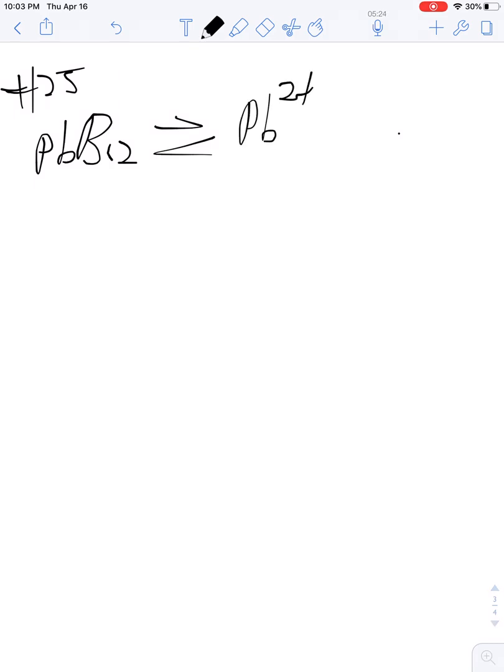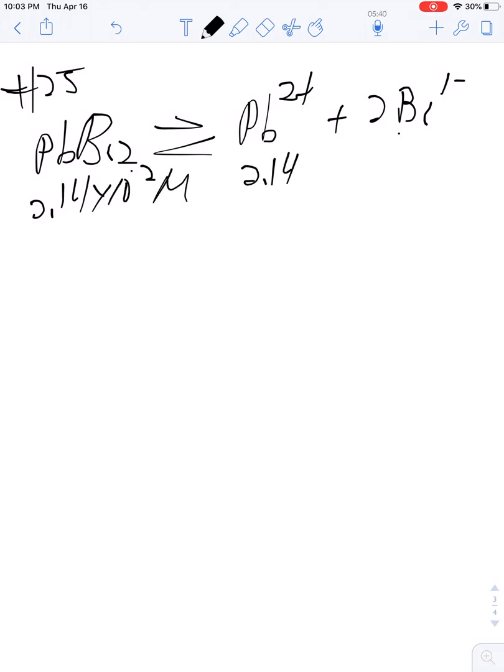Okay, and number 25 is a similar problem. Here they give us the concentration. It says that this solution is saturated at 2.14 times 10 to the negative second molar, which means that I would have 2.14 times 10 to the negative second molar of the lead ions, and I would have twice as much of the bromide ions.